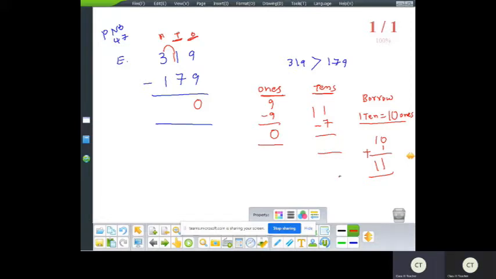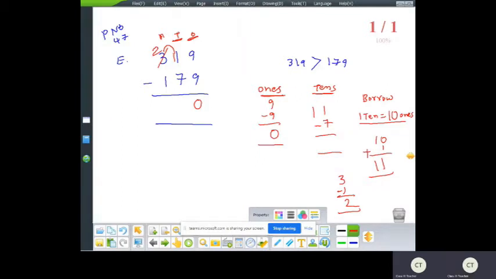Now from 3, we took 1 ten as borrow. Now 3 minus 1 is equal to 2.